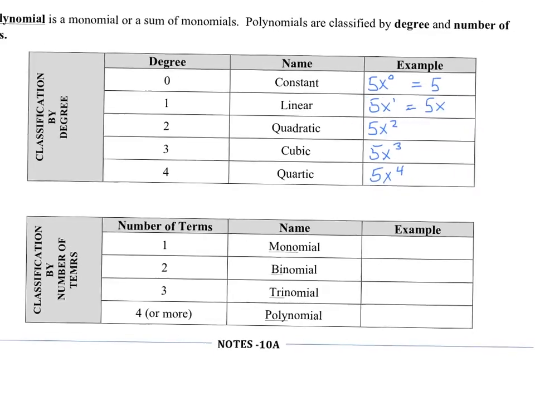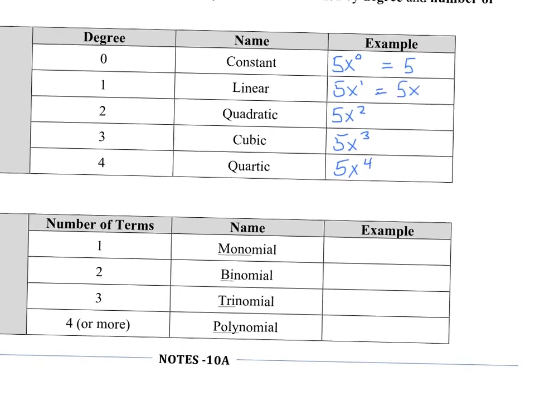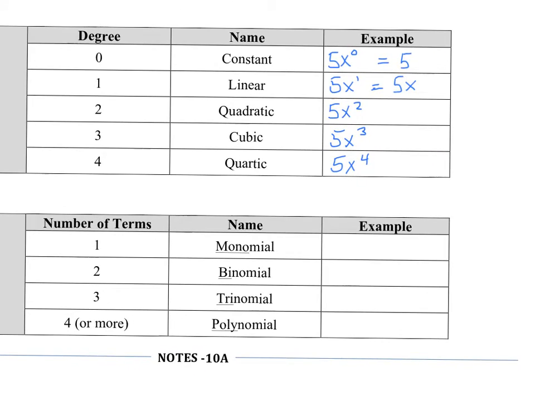We can also classify these by number of terms. Those are the three that we typically would use. A 4-term or 5-term and anything greater than that we would just call polynomial, but the monomial, binomial, and trinomial have specific names. A monomial would be something like 3xy.